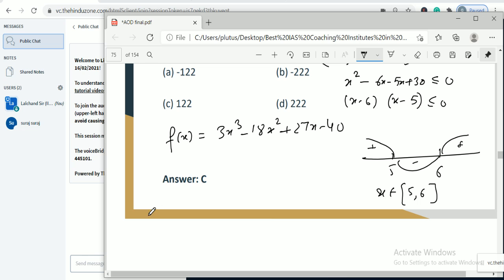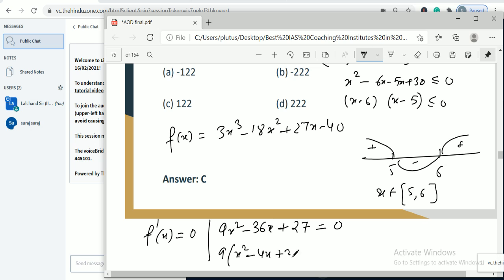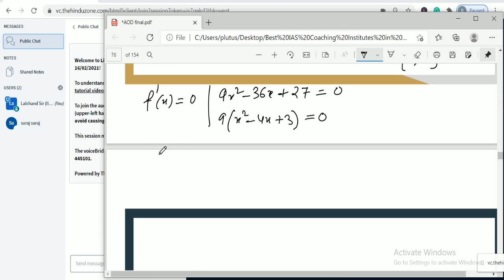So how to find critical points? For critical points, we need to differentiate this function and equate it to 0. So what is f'(x)? 9x squared minus 36x plus 27, isn't it? And we need to put it equal to 0. If we take 9 as common, then this 9 gets cancelled, x squared minus 4x plus 3 equals 0.